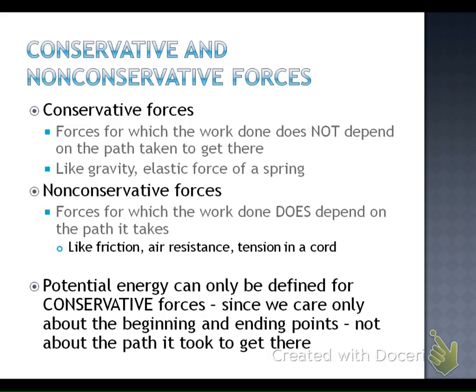So we can only calculate potential energy in those two instances, gravity and springs. If we're dealing with a vertical spring, it might have both forms of potential energy. So anyway, potential energy can only be found for things that have conservative forces exerted on them.